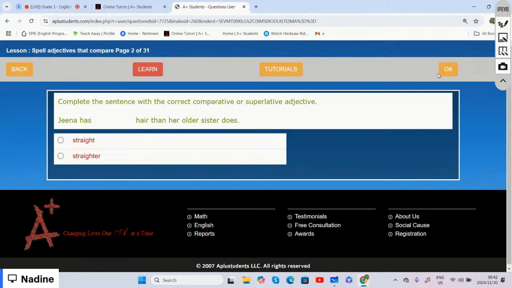The next one says Gina has straight hair than her older sister does, or Gina has straighter hair than her older sister does. Straight option one or straighter option two.